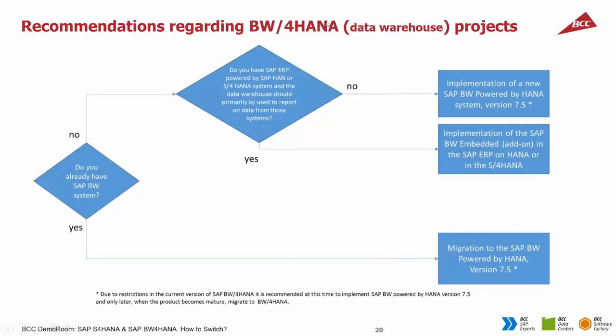And with BW for HANA, it's slightly different. If you already have a BW for HANA, you can migrate to BW powered by SAP HANA version 7.5. And this is the recommended path if you already have a BW system, as this version, BW powered by SAP HANA, is very powerful.